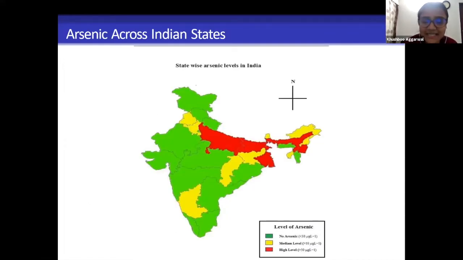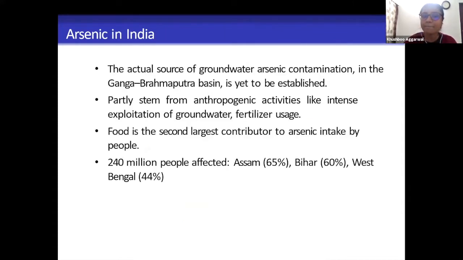As you can see in this diagram, the red zone, especially in areas like Bihar, UP, West Bengal, and Assam, shows that the prevalence of arsenic is beyond the threshold limit, which is again 50 micrograms per liter.